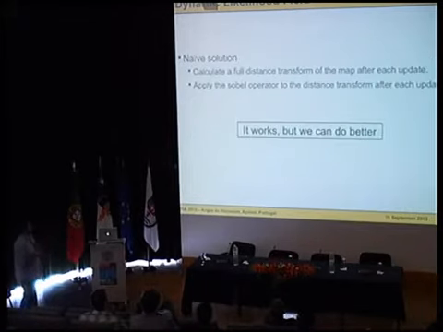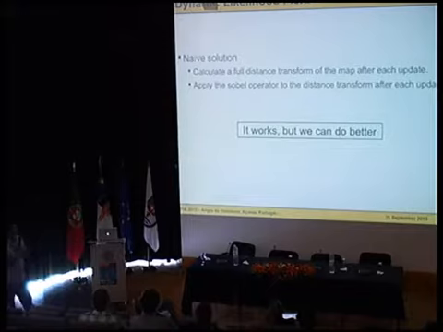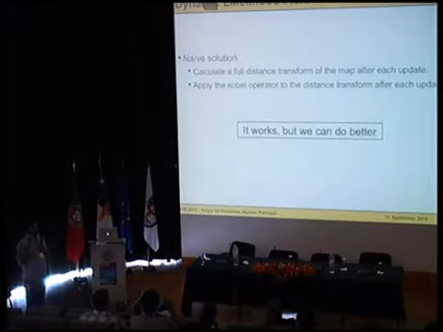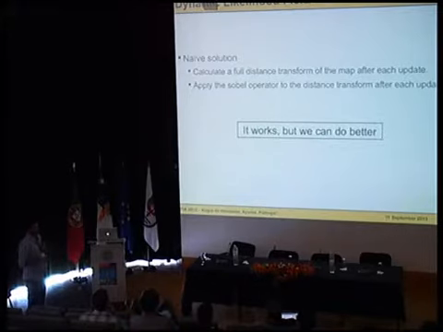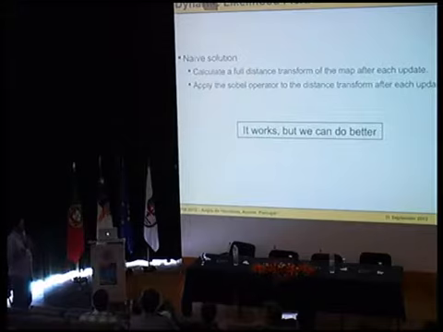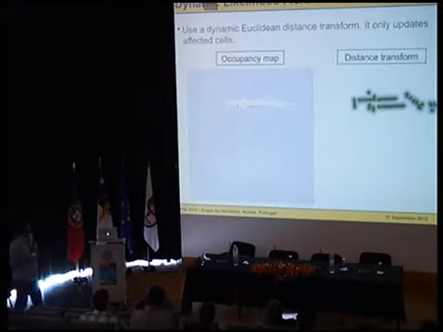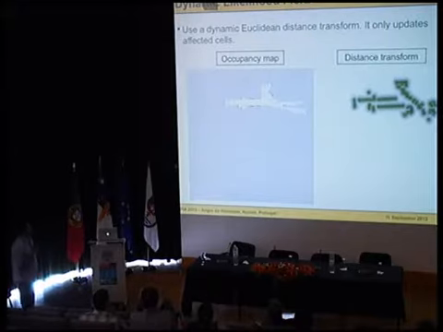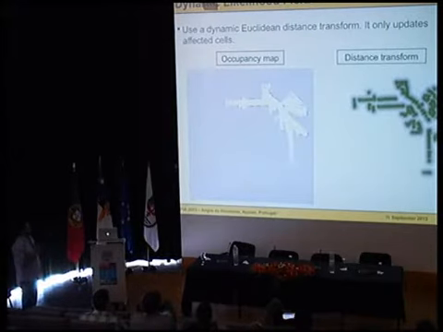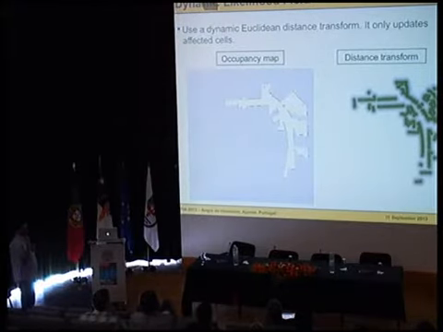The first naive solution that I tried was, every time there is an update, to calculate the full distance transform, and then apply the Sobel operator to that distance transform. Well, this works, but it adds a constant time overhead, and I think we can do better. So for that, I'm using a dynamic Euclidean distance transform that only updates the cells that were affected by a new update of the map.